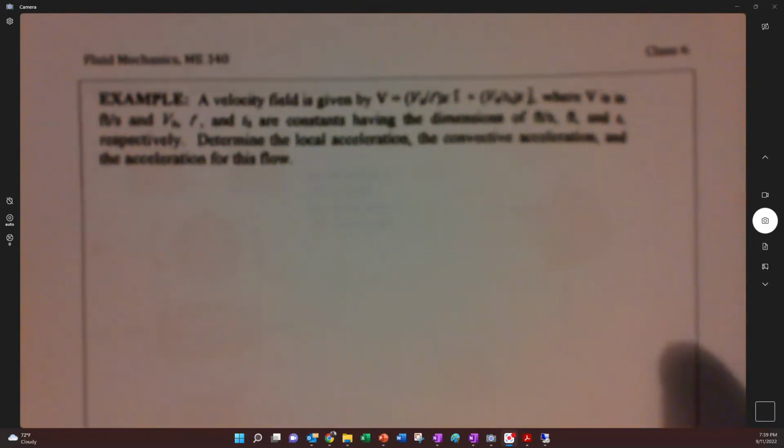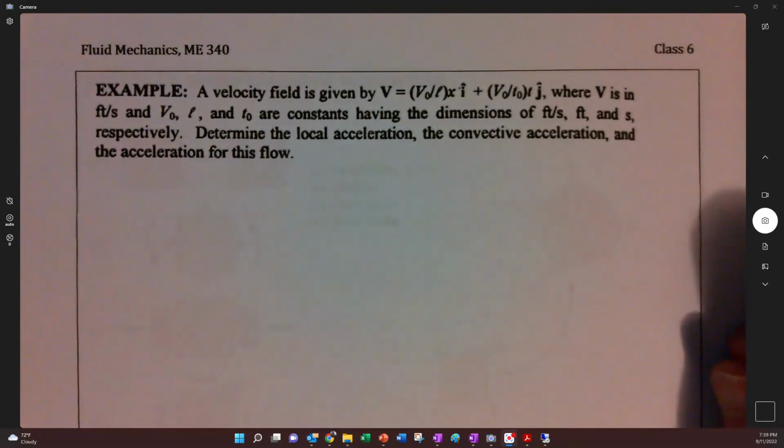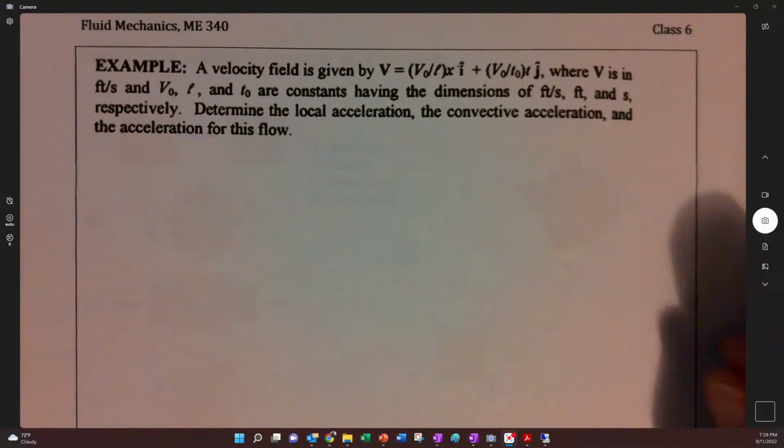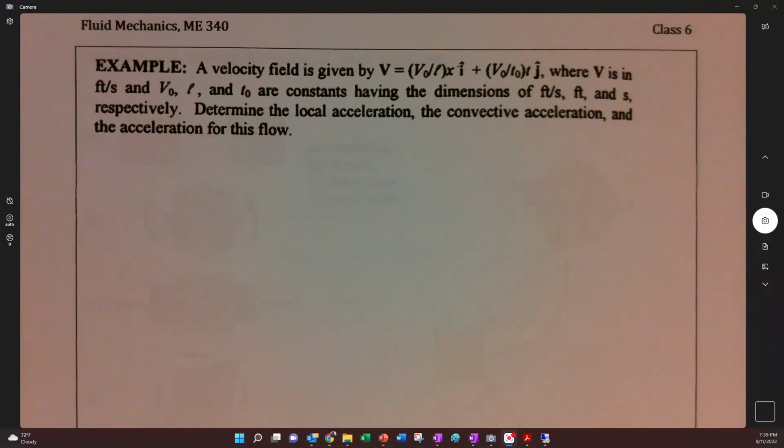So I have a couple examples here, and they're really time consuming and boring. I'm going to plod through them. I wouldn't recommend necessarily watching all this. I didn't find any better ones, and I wish I had some good visualizations of these, but I didn't have time to create them.